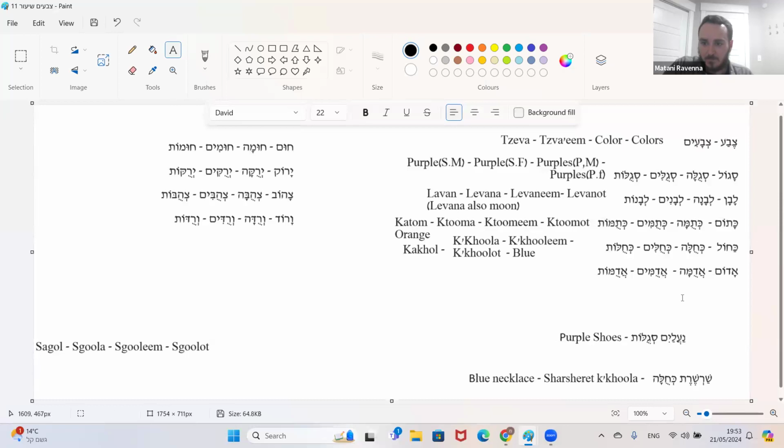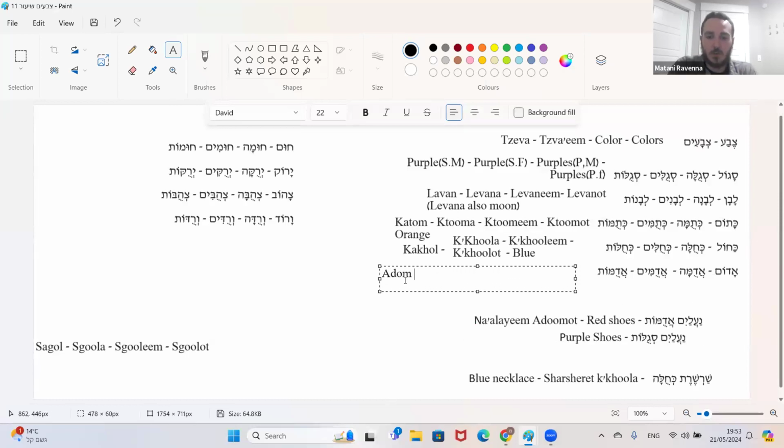Okay. So I will transliterate the example as well. Adom, aduma, adumim. We can hear the im. And adumot. We can hear the ot, which all means red. Na'alaim adumot. Ani adom. I'm red.